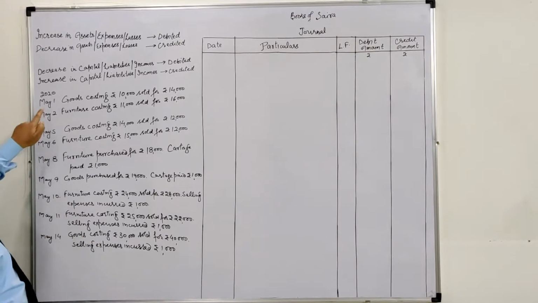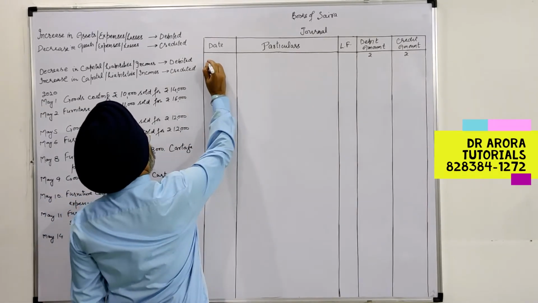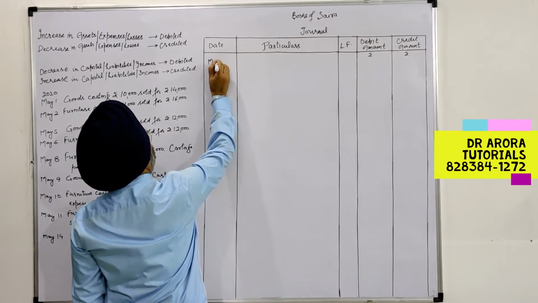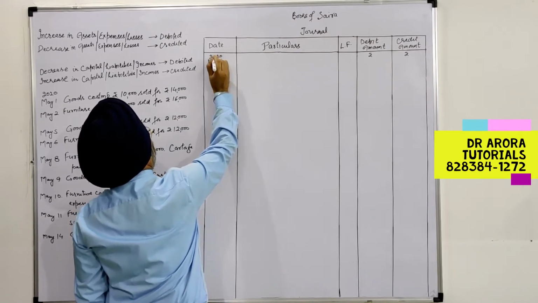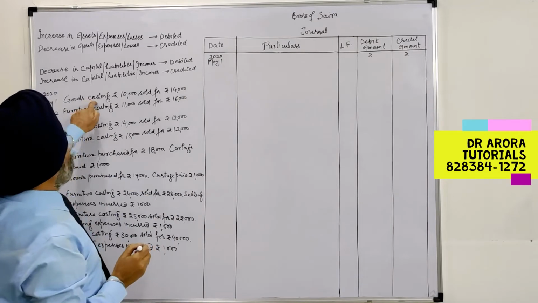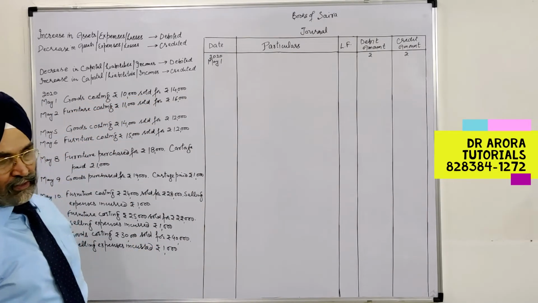So first of all, we take the very first item, May 1, 2020. Goods costing rupees 10,000 sold for rupees 14,000.